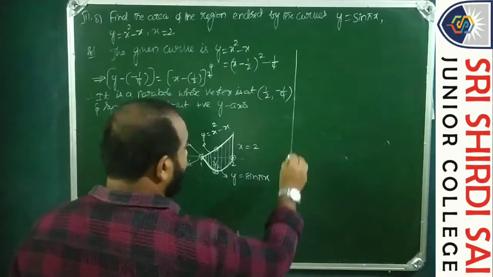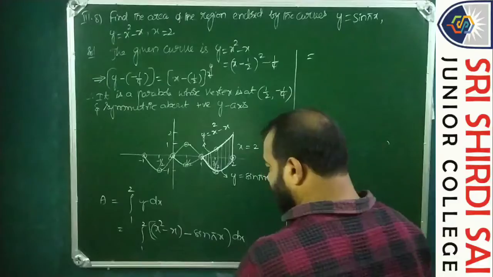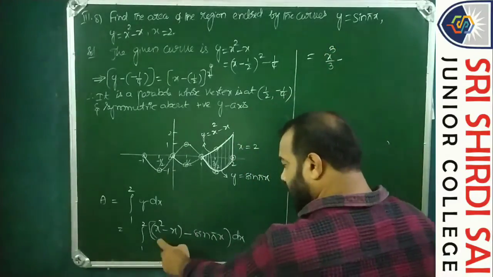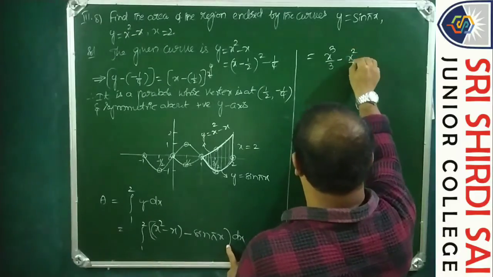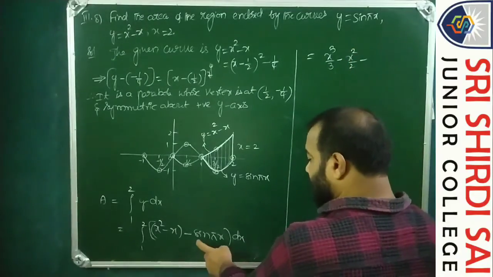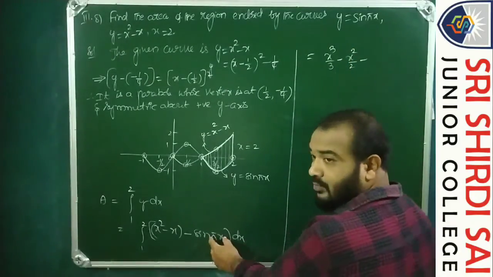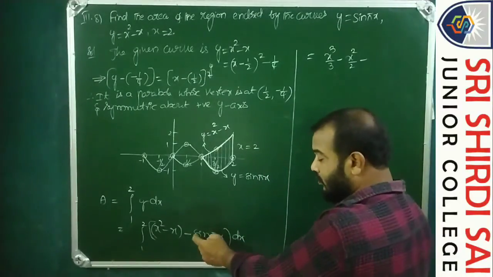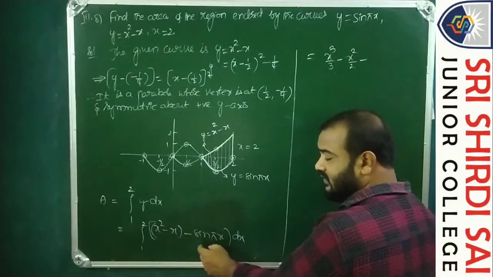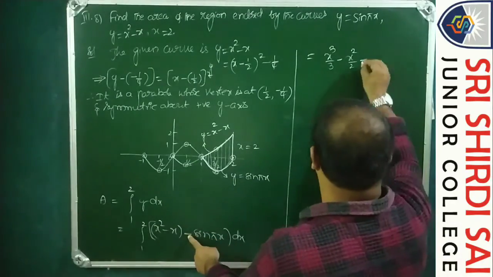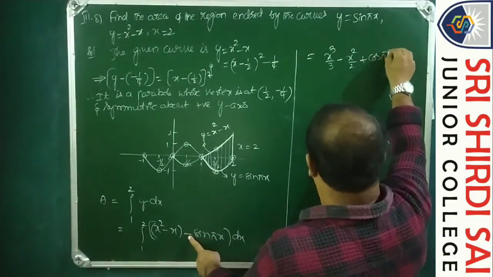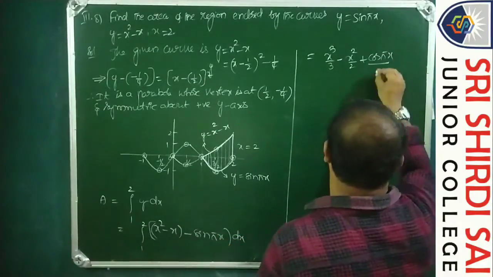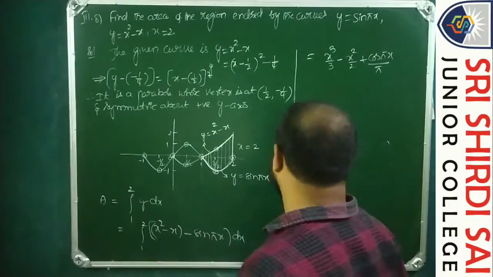Now this is equal to: integral of x² dx is x³/3, integral of x dx is x²/2, minus the integral of sin πx. Let us suppose this πx to be x. Sin x derivative is minus cos, so the integration of sin is minus cos. Minus of minus is plus cos πx, and we should divide it by the coefficient of x, π. So the integration process is over.